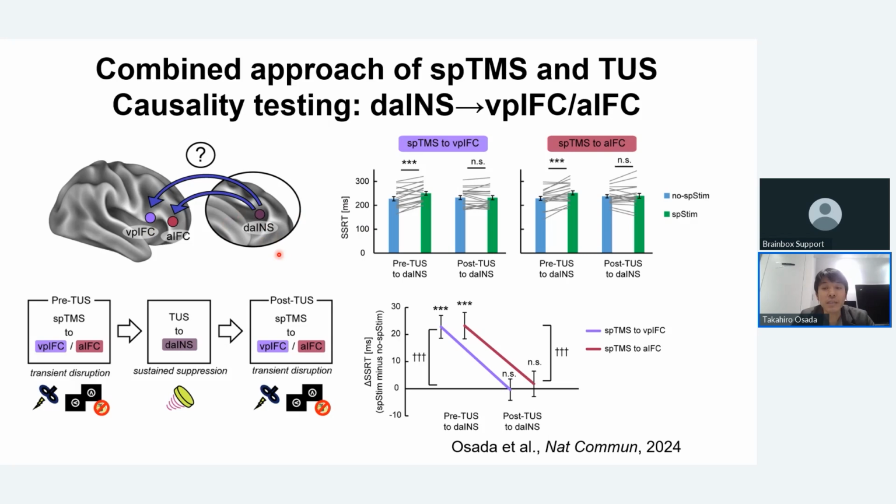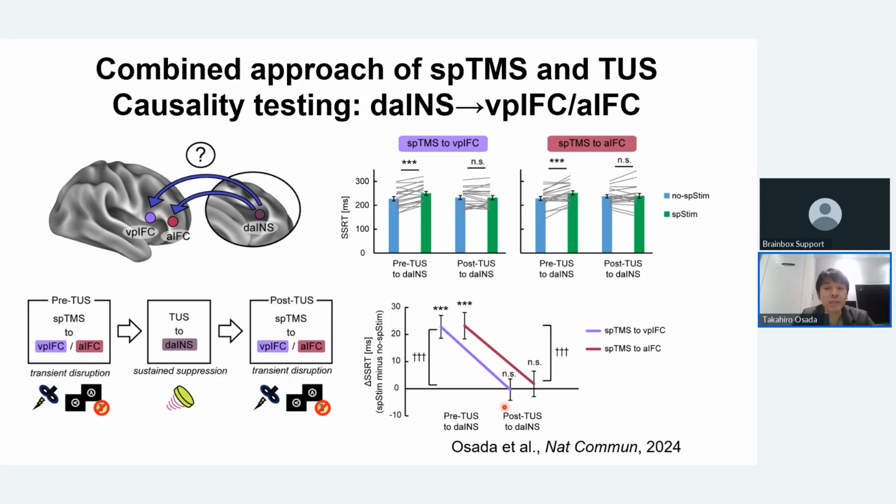To investigate the insula-IFC interaction, we combined TUS with single pulse TMS. If the DA-ins is at an upstream position, sustained suppression of the DA-ins by ultrasound would negatively affect the VPIFC and AIFC. This would reduce the transient disruption effect by single pulse TMS.